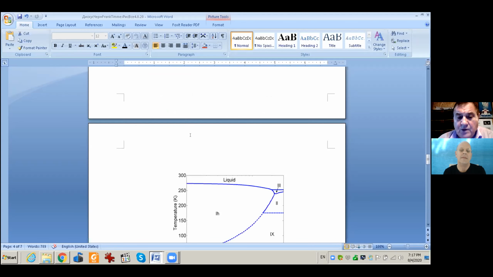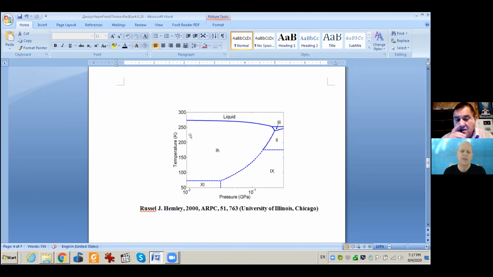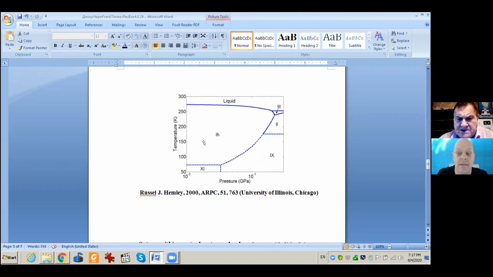Now we have to go to the next consideration. On Earth we have 17 kinds of ice, and a nice picture was published by Russell Hemley from the Department of Physical Chemistry, University of Illinois in Chicago. Over here, in the pressure-surrounded area related to the rings, we have ice number 11, which has stable parameters.